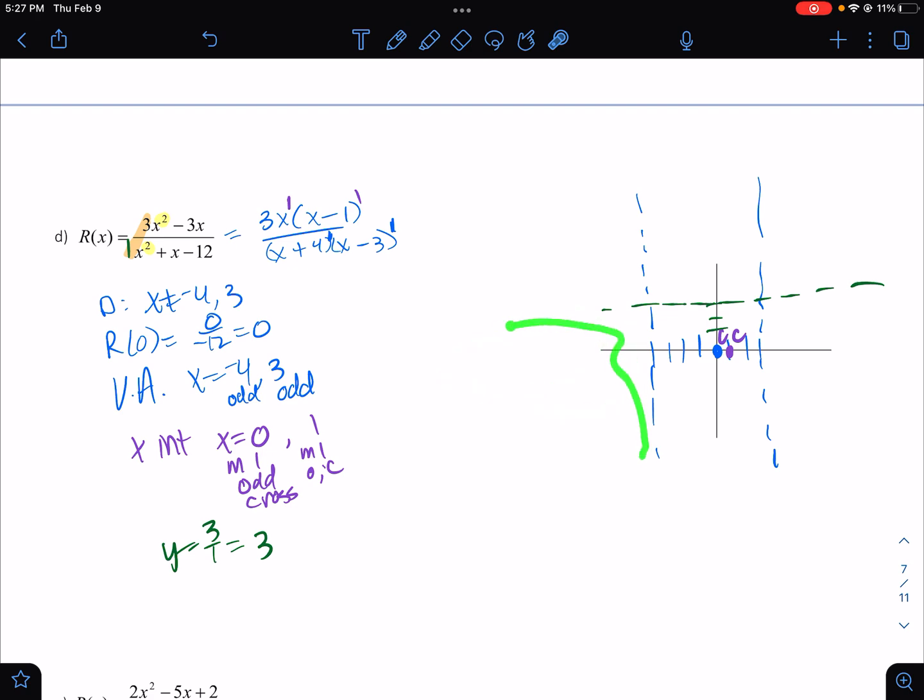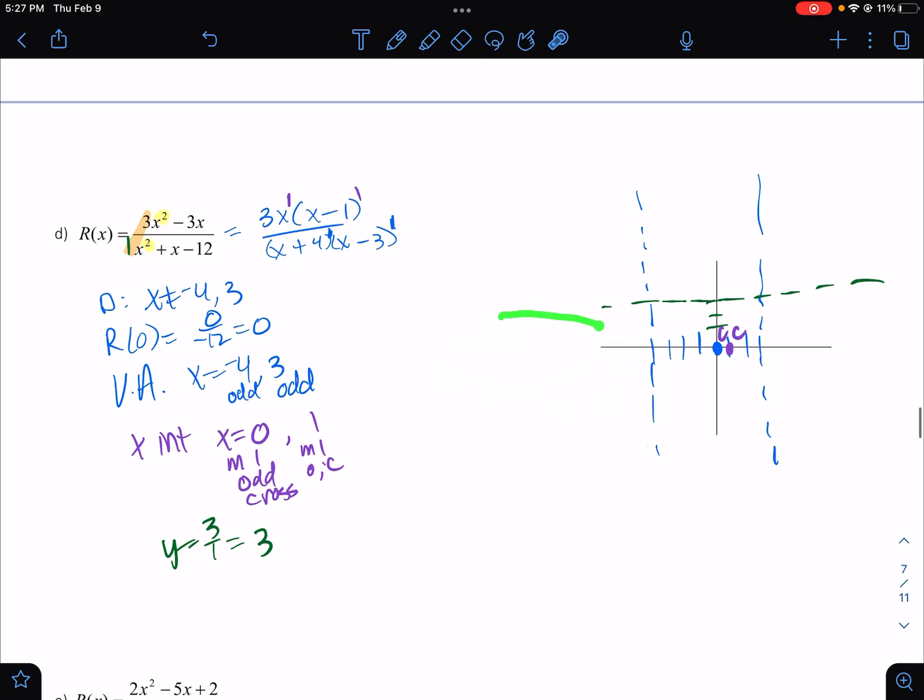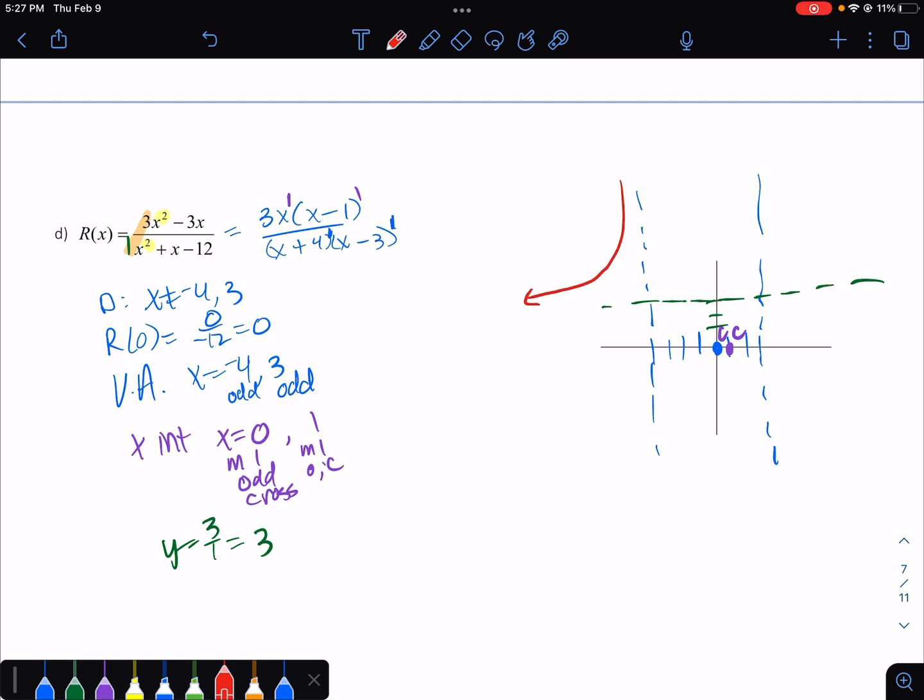In order to pull towards my asymptotes, I have to have it cross that x-axis. But we don't have any x-intercepts, so I cannot have this portion. So I'm going to come above the horizontal asymptote and pull towards the horizontal asymptote like this. So then my picture is going to go like this.